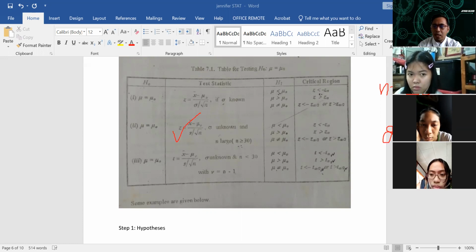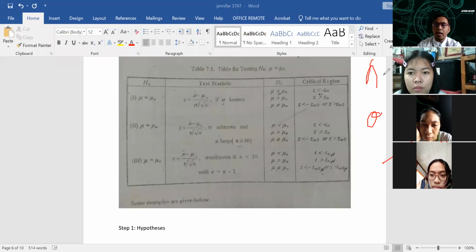If this is unknown and your N is greater than 30, you use case 2. But if the population standard deviation is unknown and your sample size is, for example, 15, which is less than 30, in that case you use case number 3.